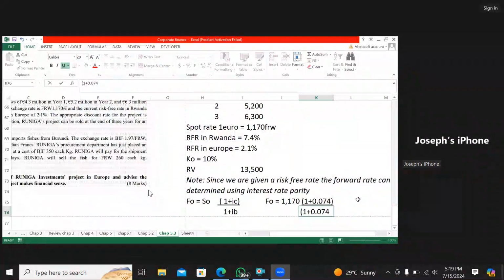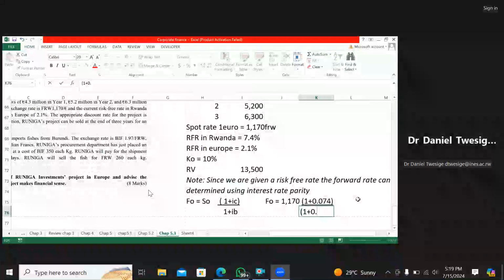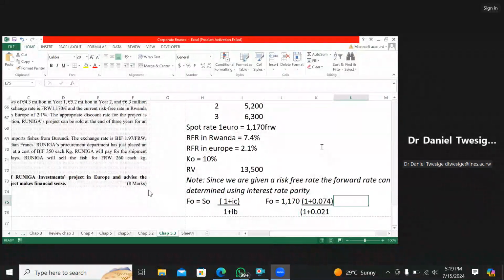Which is correct? Is it depreciated? No, it means, for example, currently you need 1,170 to get one euro.